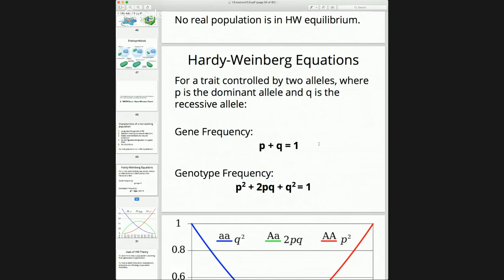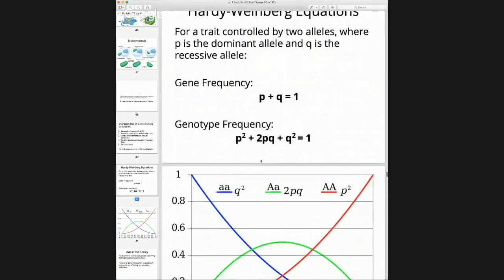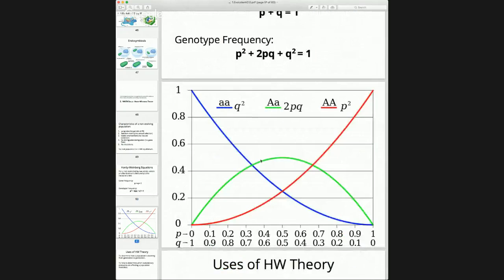Or they could be heterozygote, which would be the frequency of P times the frequency of Q. But of course, there's 2 ways to get the frequency of P and the frequency of Q. We could get P from mom and Q from dad, or P from dad and Q from mom. So the total frequency of heterozygotes would be 2 times P times Q. So we have this genotype frequency equation that we use frequently as well. And so this is just showing you how they interact with each other in a perfectly Hardy-Weinberg equilibrium population.